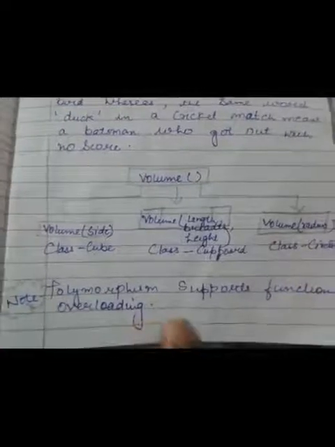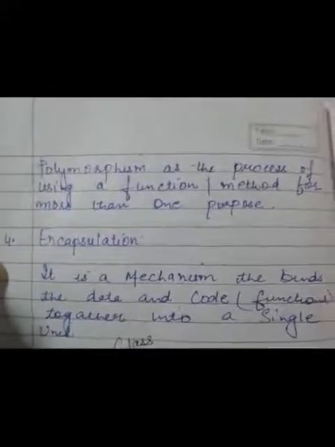So having the same name but different arguments is called function overloading. After this, polymorphism is the process of using a function or method for more than one purpose.